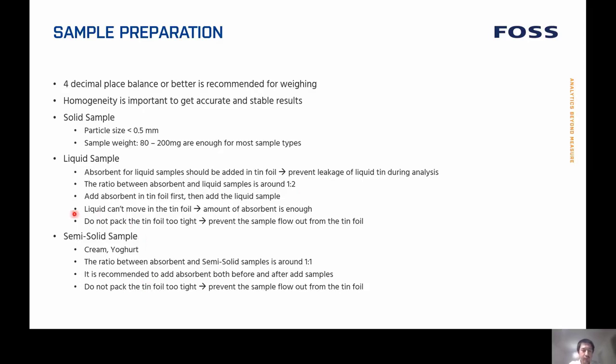The way you do the weighing is to add the absorbent in the tin foil first, then you weigh the liquid sample, so the absorbent in the tin foil can absorb the liquid sample.